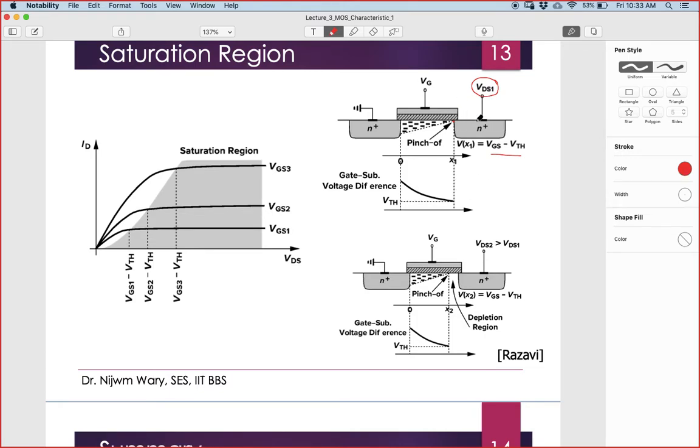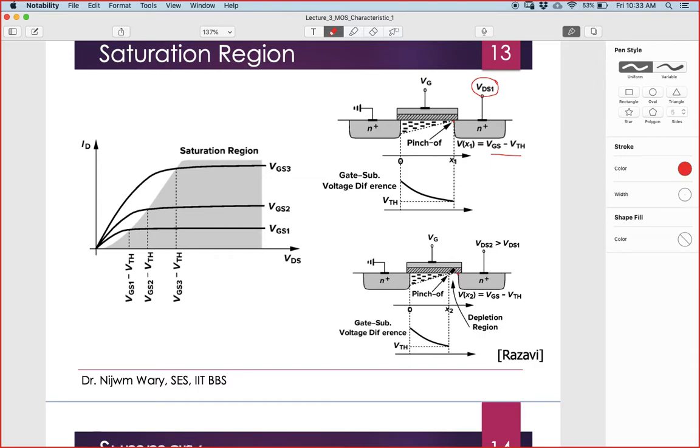Now if I increase this VDS further beyond VGS minus VTH, this channel will start reducing. Why? Because here the potential is greater than VGS minus VTH.